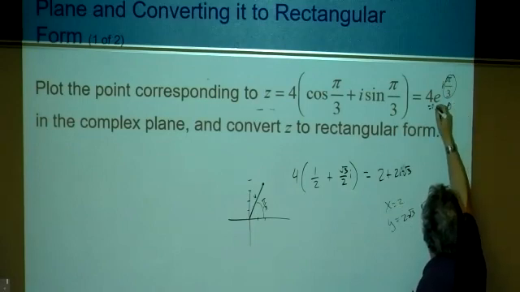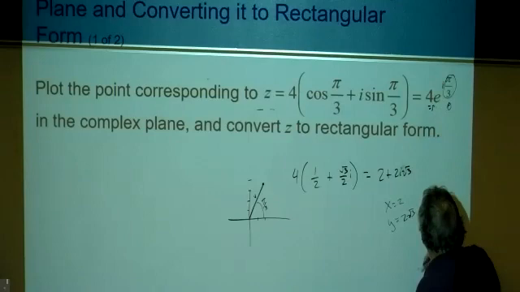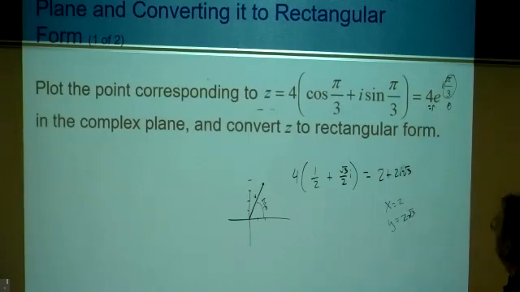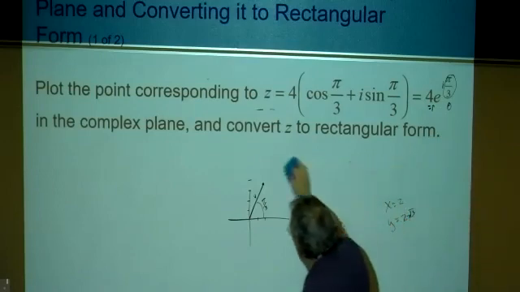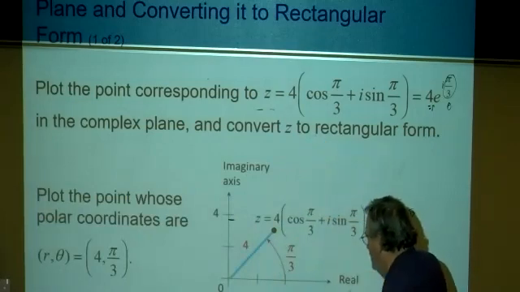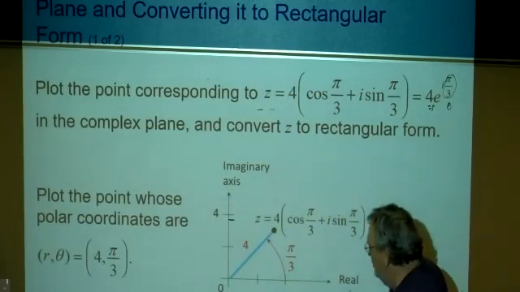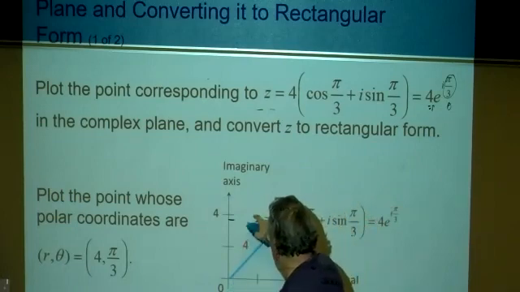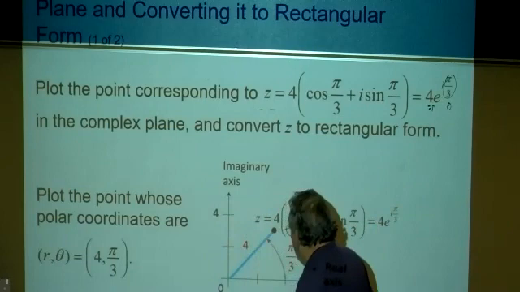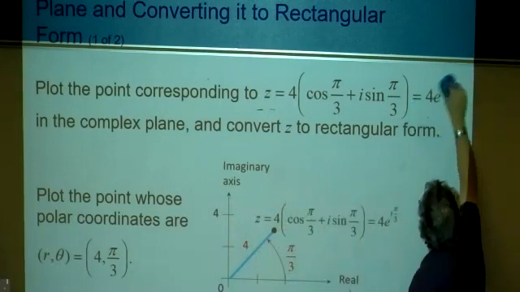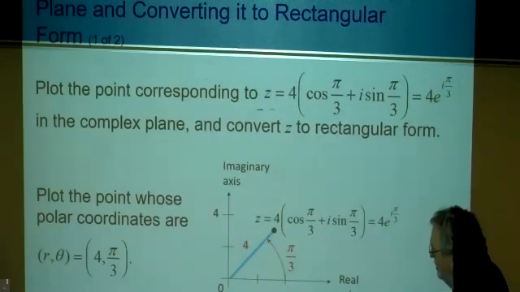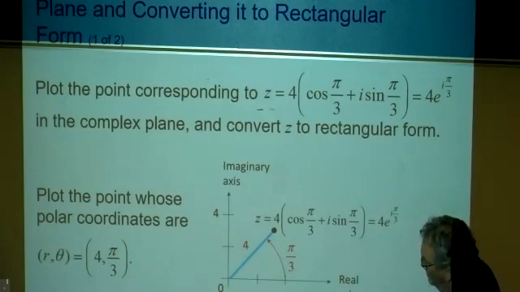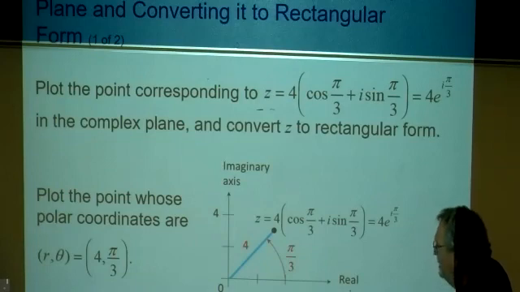That's r, and that's the radius. Yeah, this is more of a 45-degree angle. It's not quite where it needs to be. Actually, 2 times the square root of 3 is closer to 4. But anyway.